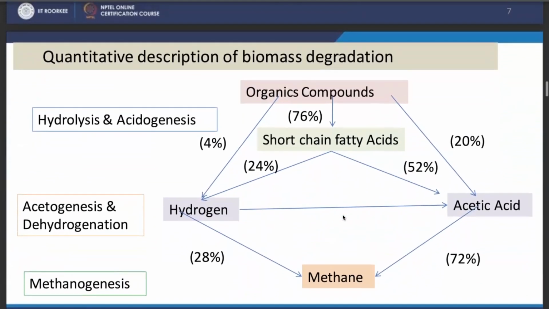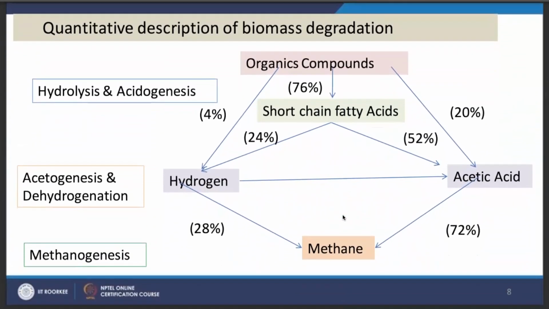Here we will see, despite having multiple approaches to get methane out of the complex organic solid waste, we have some designated percentages or amounts by which we can decide whether our process is effective or not, or at least get an idea of what our waste material is getting converted into at the end of the day.